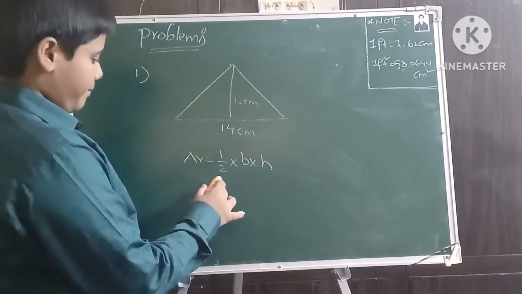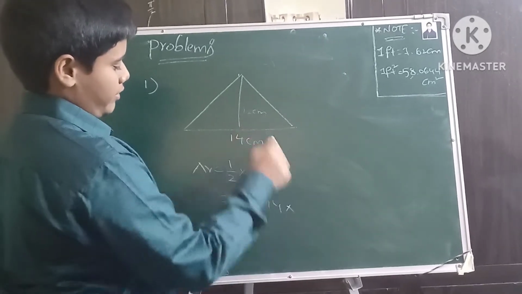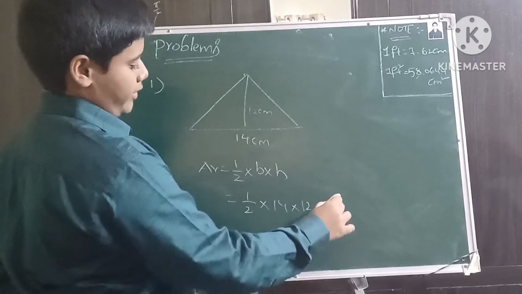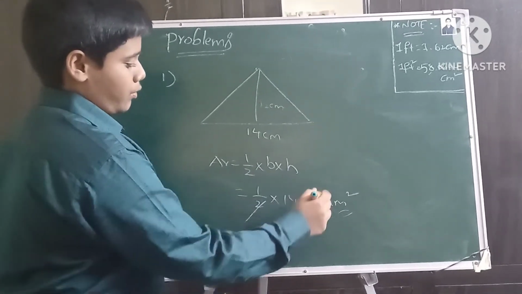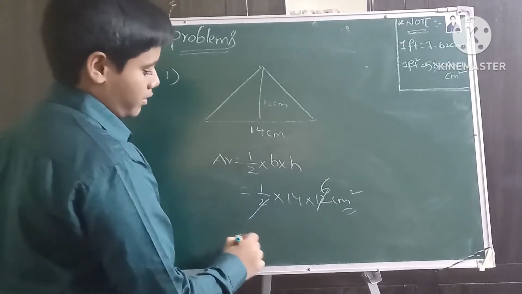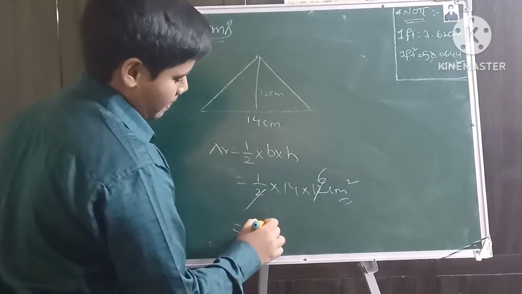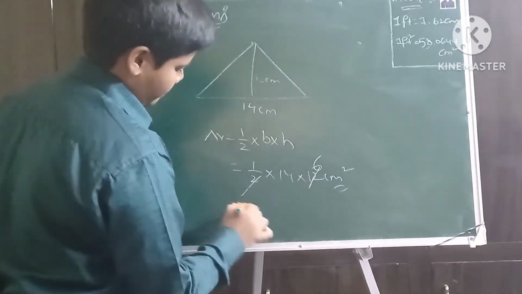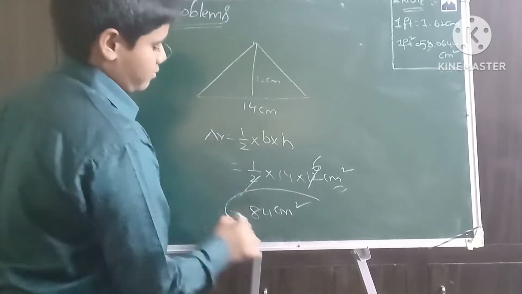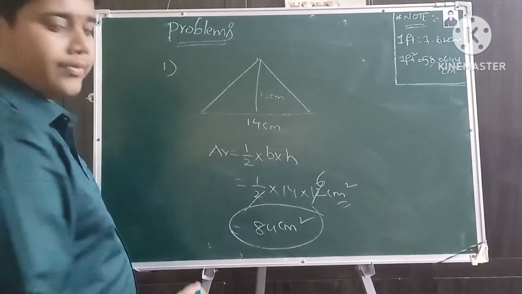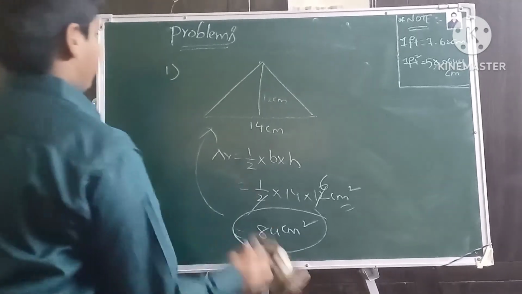Okay, half into base 14 into height 12 centimeter square. Unit must and should be there. So 2 6 12, so area is equal to 84 centimeter square. Okay. So next problem.